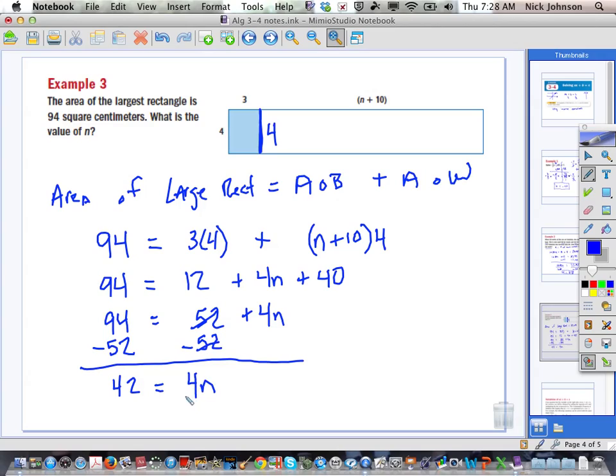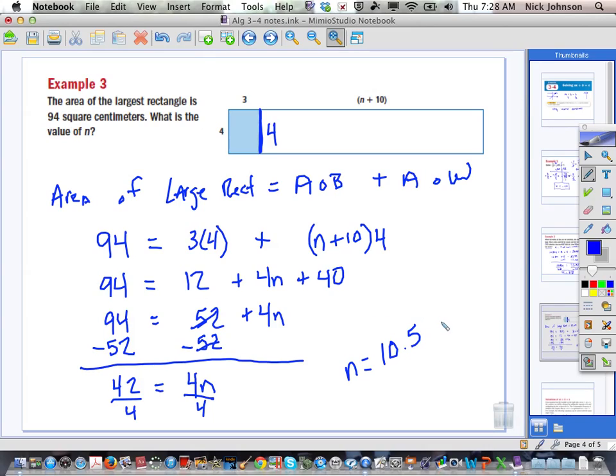The inverse of multiplying by 4, dividing by 4, n is going to equal 42 divided by 4 is, anybody know? 10 and a half, right?